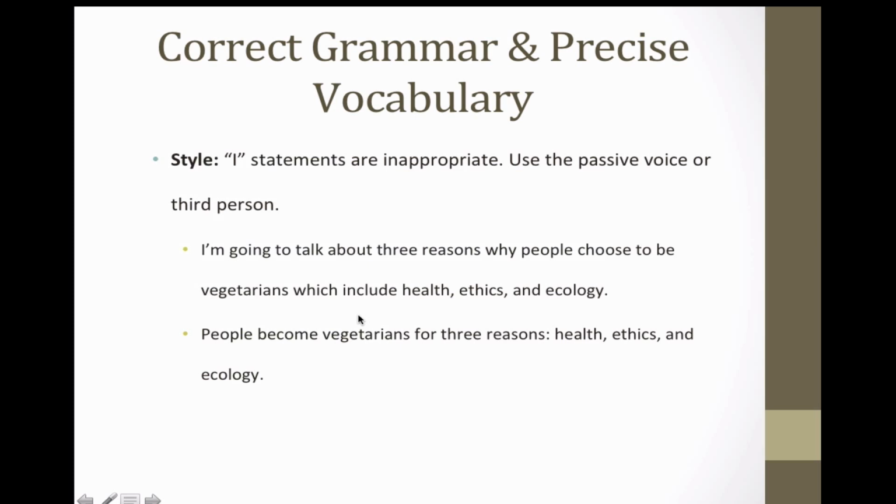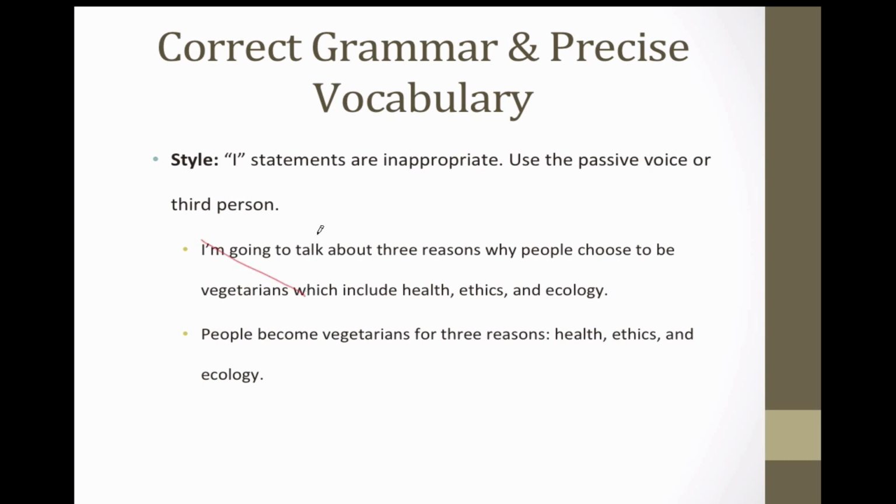Style. I statements are inappropriate. Okay, it's too informal. A research paper or any essay you write is very formal language, so you need to take yourself out of it. One way to do that is to use the passive voice or the third person. So here it says I'm going to talk about 3 reasons why people choose to be vegetarians, which include health, ethics, and ecology.